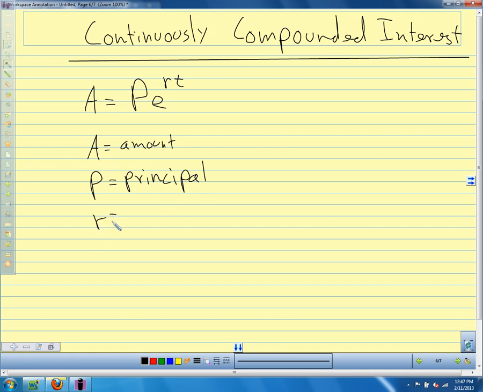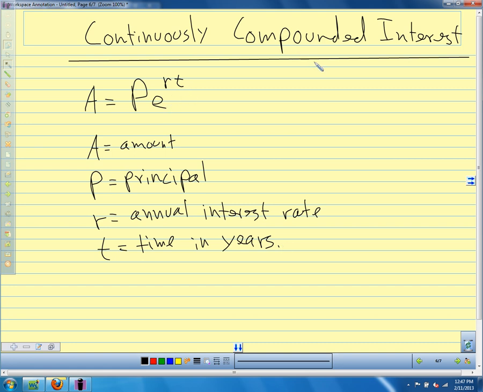R is annual interest rate. And T is the time in years. So if we keep increasing the frequency of our compounding, then our formula turns into this.